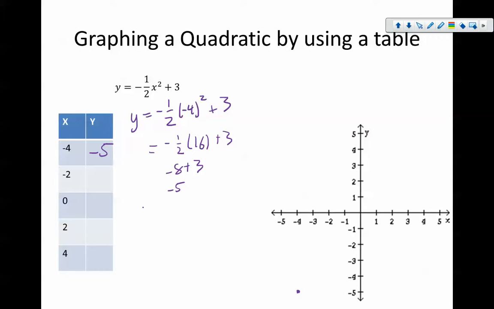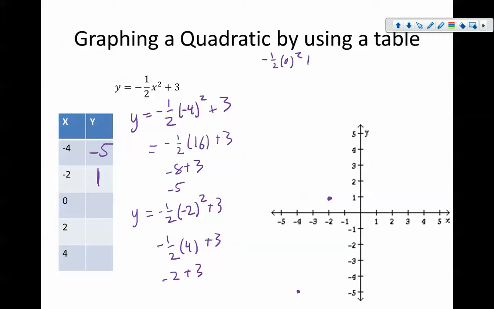Okay. And then I'll plug in -2. Y equals -1/2 times -2 squared plus 3, which is -1/2 times 4 plus 3, or -2 plus 3, which is 1. So I've got -2, 1 right here. And plugging in 0, that's -1/2 times 0 squared plus 3.